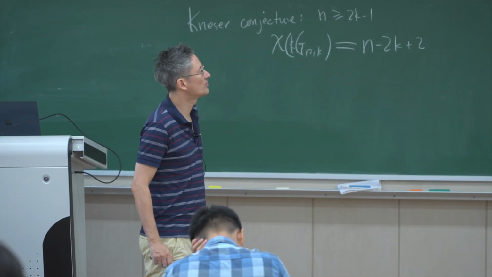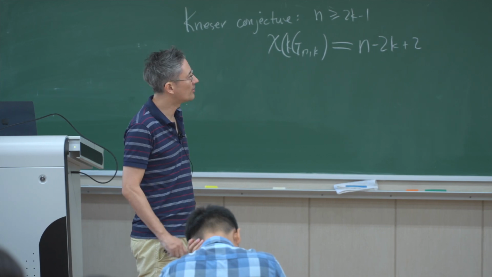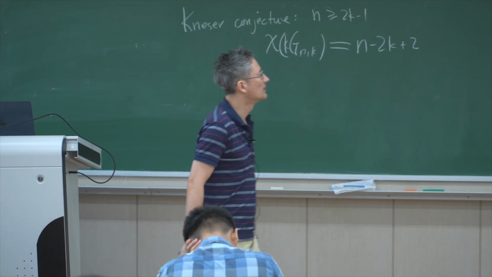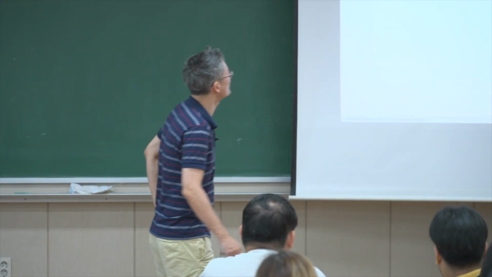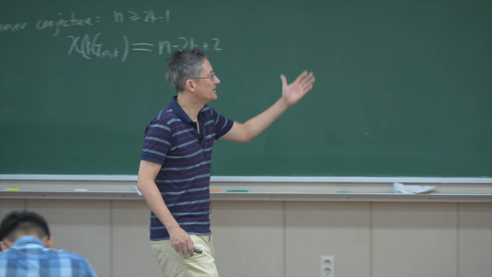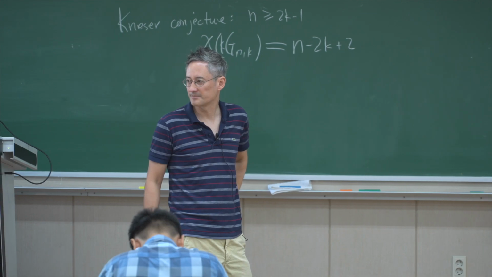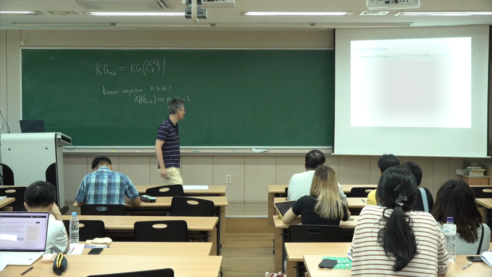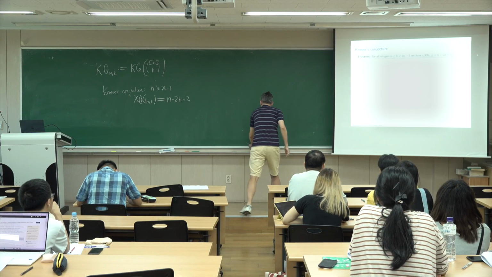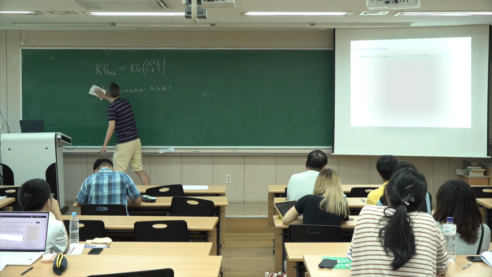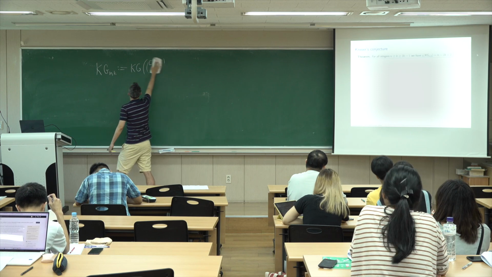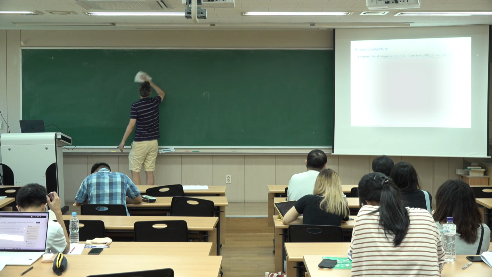All right, so I think we can move on to the proof of the Kneser conjecture. This is the theorem proved by Lovász, which says that indeed that is the chromatic number. Lovász's original proof was quite different from the one I'll show you here. This is a more modern proof.